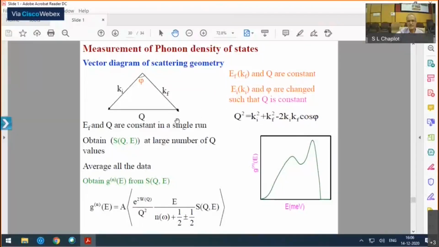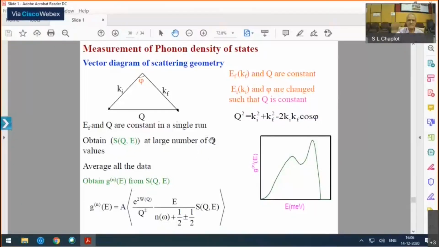What we do is we make a large number of measurements at constant q. So obtain S of Q, E at a large number of q values, and usually choose large enough values of q so that the incoherent approximation is valid, and then take a suitable average over that.